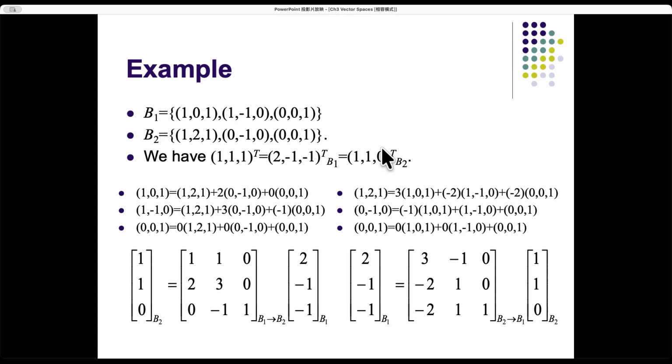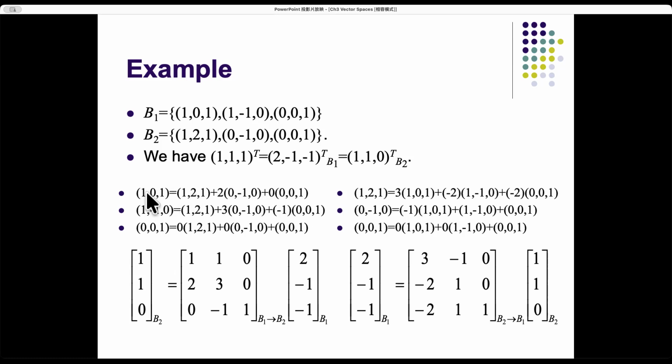And we can represent the vectors in the first basis as the linear combination of the second basis. Okay, so you see 1 0 1 can be written as 1 times 1 2 1 plus 2 times 0 negative 1 0 plus 0 times 0 0 1.